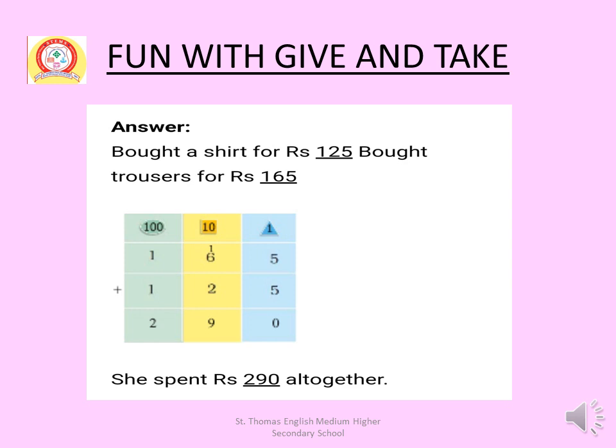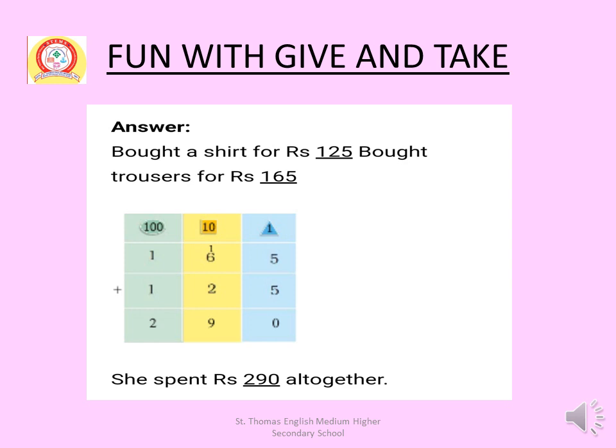I will explain the addition once again here. In ones column, 5 plus 5 equal to 10. We write 0 in the ones column and carry 1 to the tens column. I have written that carry 1 above 6 in tens column.